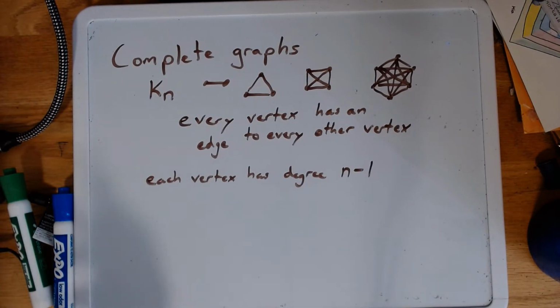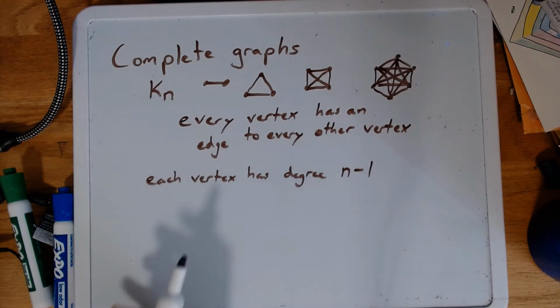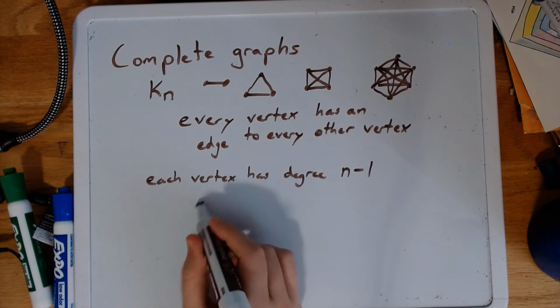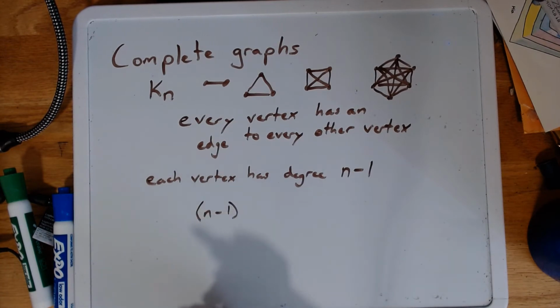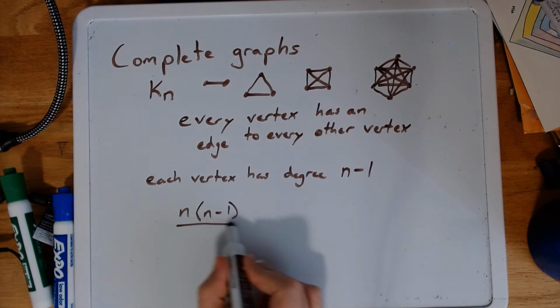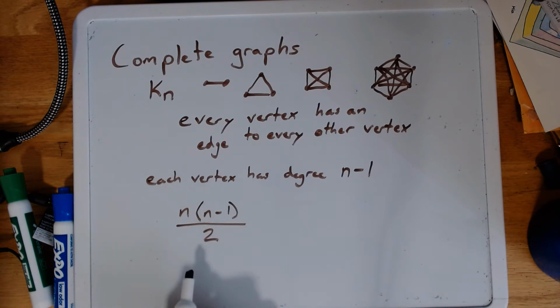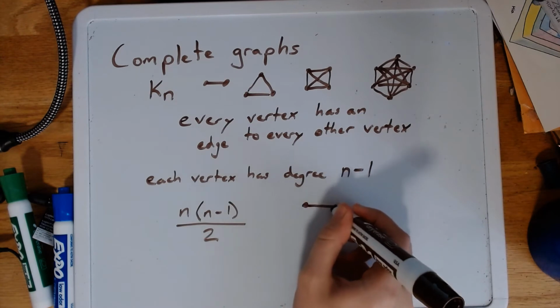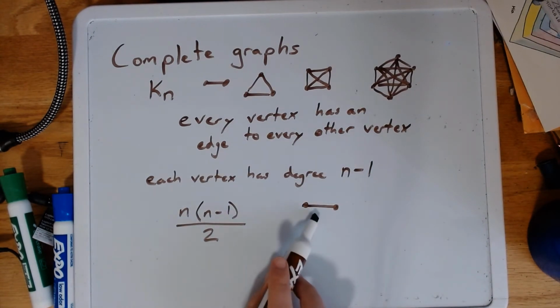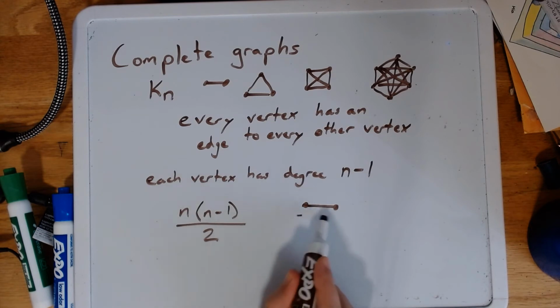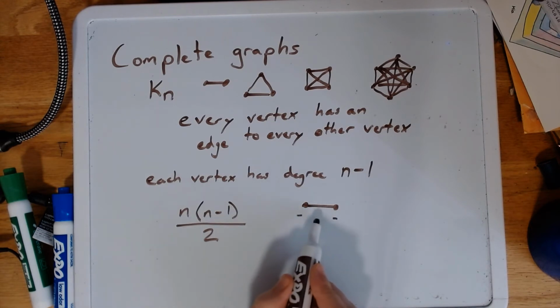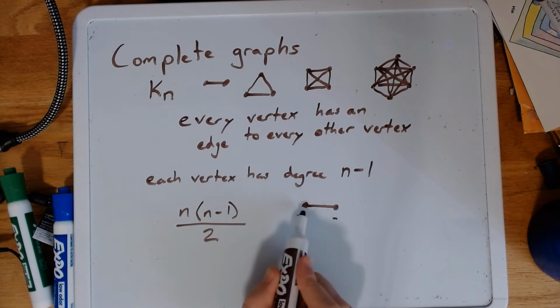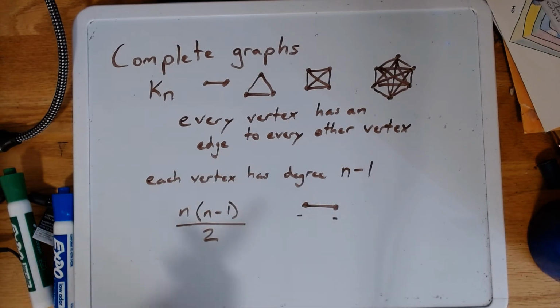So now let's use degree to think about the number of edges. Degree in some sense counts edges. So we have degree n minus 1 for every vertex, and there are n vertices. But we need to divide because we're overcounting. We divide by 2 because every edge has 2 vertices, so every edge is getting counted in the degree of both of those vertices.